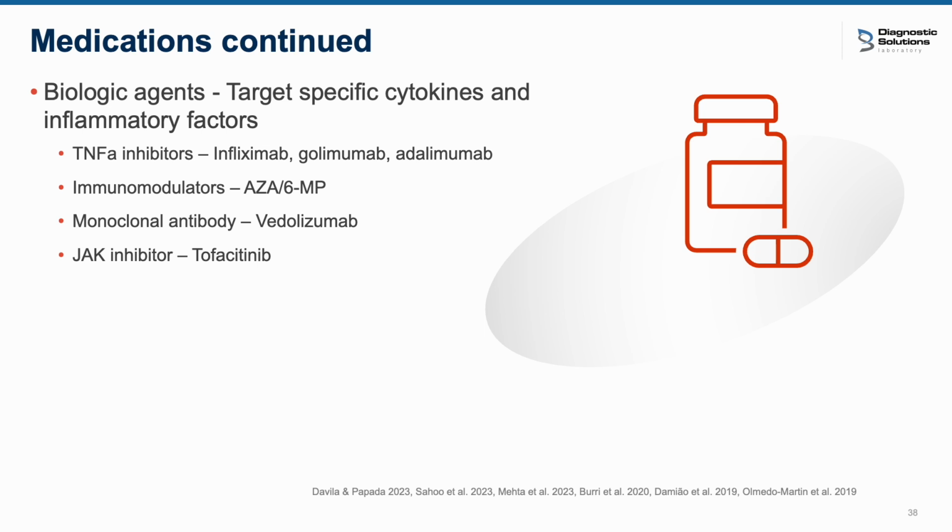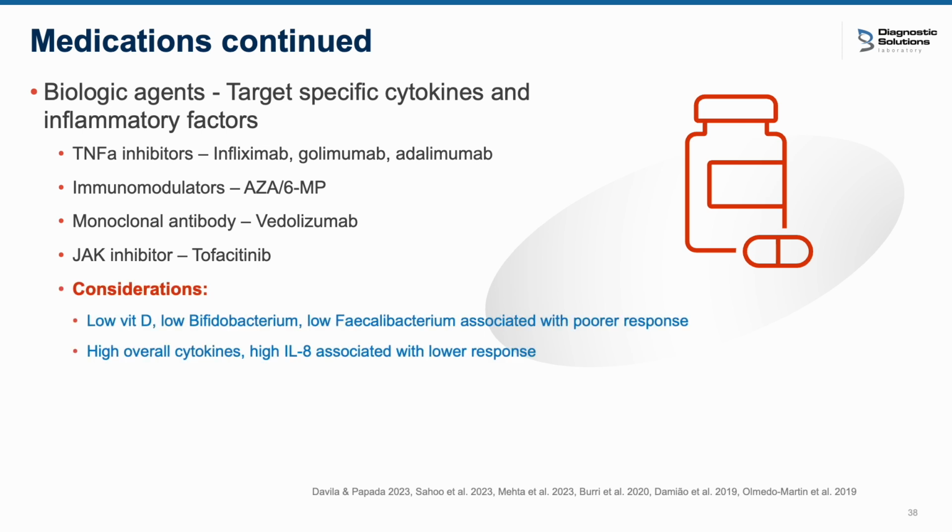Some clinical considerations here are that there are signs that you can look to see if there will be a good clinical response. So it's been shown that low vitamin D, low bifidobacterium, and low Fecalibacterium are associated with a poorer response to biologic agents. And then higher overall cytokines, so this would be the cyto-DX, if everything is high overall, or if interleukin 8 is high, that can be associated with a lower response to biologics as well.